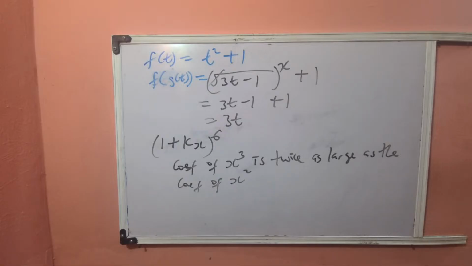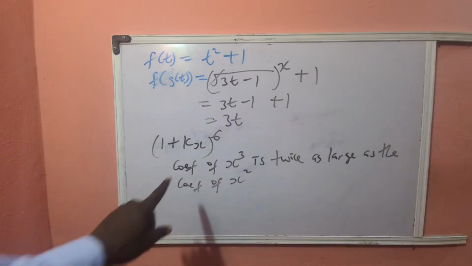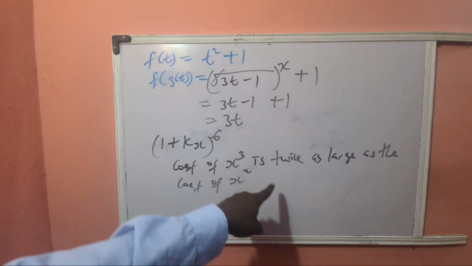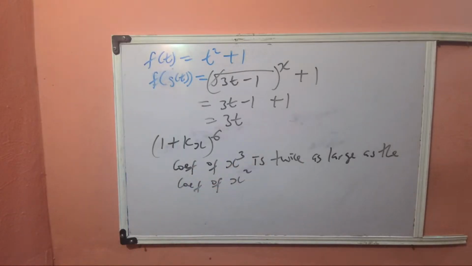How do you solve this particular question? Look at the detail that was given. Coefficient of x cubed is twice as large as the coefficient of x squared.